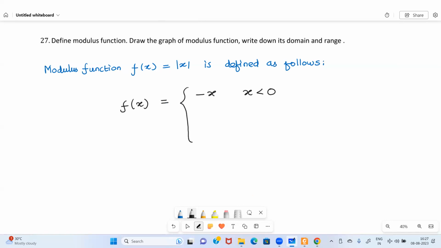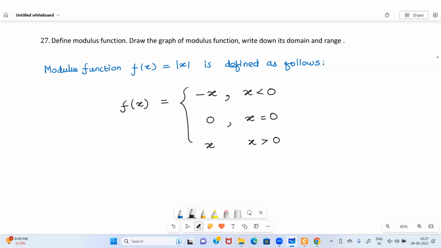When x is equal to 0, f of x is 0. When x is greater than 0, f of x is going to be plus x.